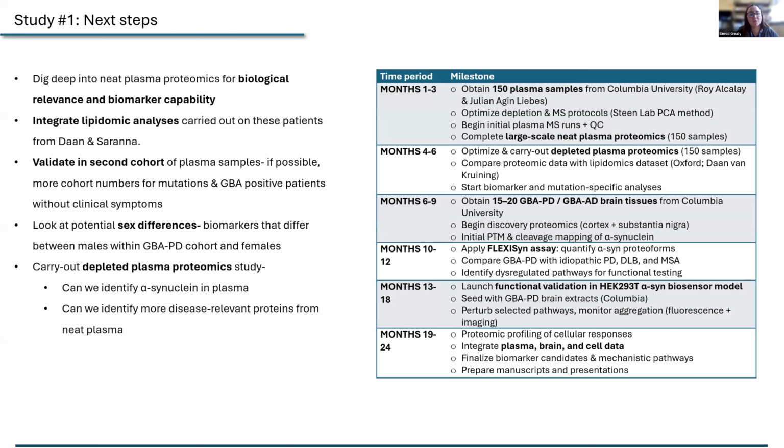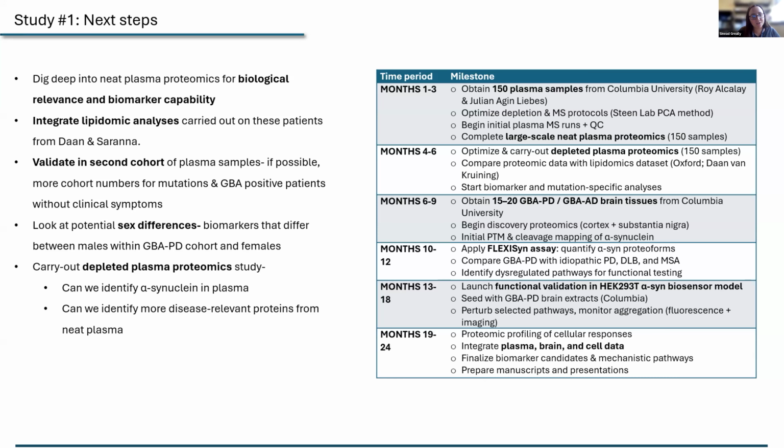As shown before or will be talked about, 2 other groups are looking at these samples, and we would like to integrate the lipidomic analysis of these patients also and validate in a second cohort of plasma samples. If possible, increase the number of patients for some mutations like the L44P, or even if we were able to obtain GBA positive patients without clinical symptoms, that would add an additional control group.